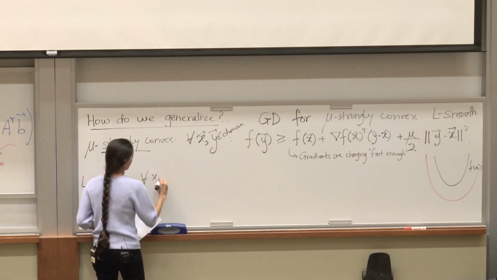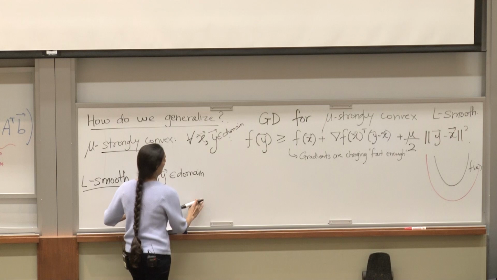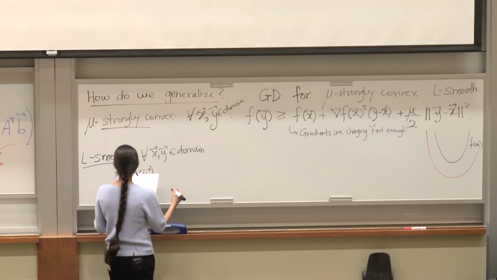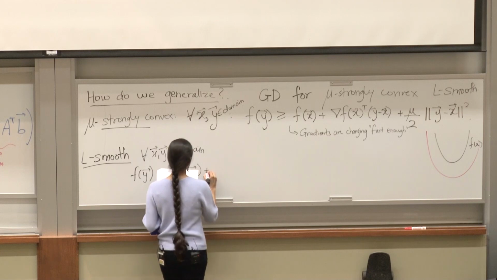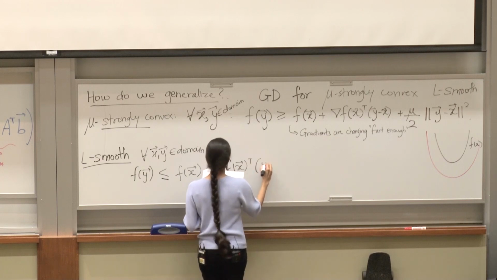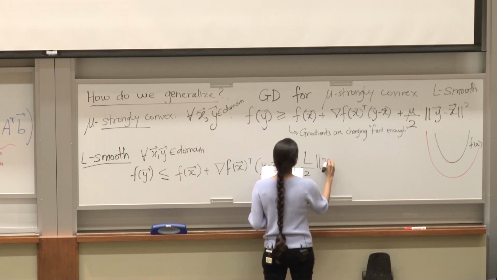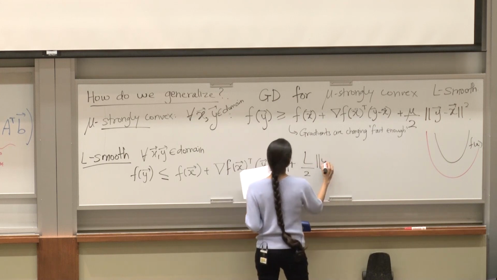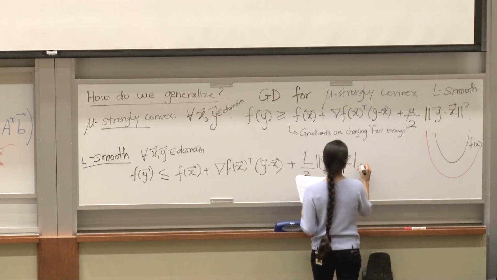So for every x, y in the domain, f of y is less than or equal to f of x plus the gradient of f of x transpose y minus x plus L over 2 times y minus x squared.